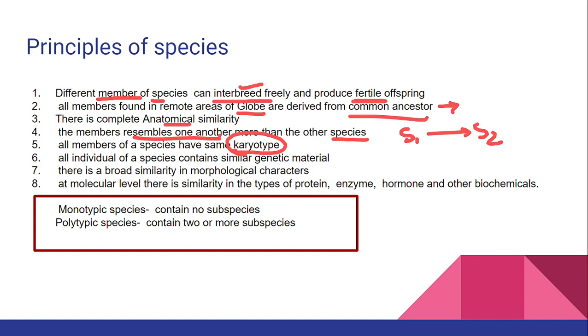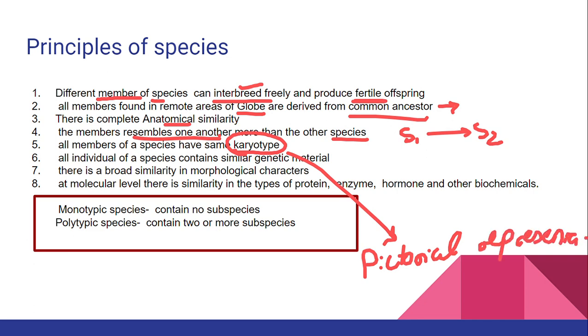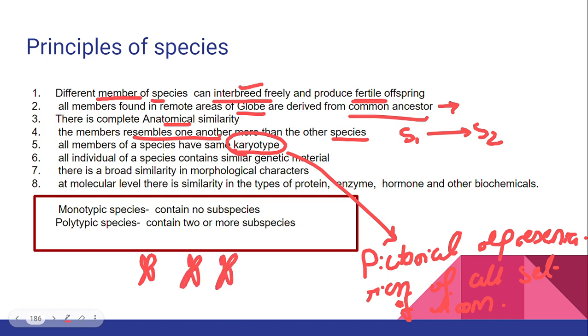All members of the species have the same karyotype. What is the meaning of karyotype, class? We have studied that karyon means nucleus. So karyotype is nothing but a pictorial representation of the whole set of chromosomes. You will have all 23 pairs of chromosomes and you will be able to see them like this.